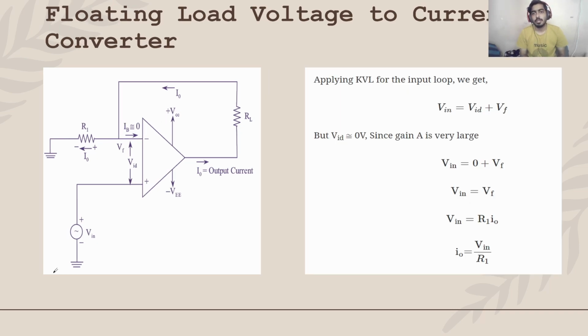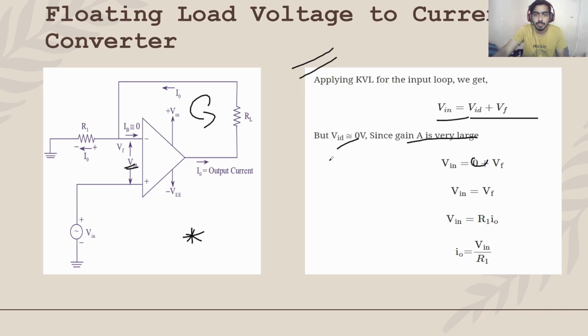Now I'll be talking about the relationship between the current and the voltage applied to the circuit. Here on the left we have the circuit, with regard to which I'll be explaining this formula. Applying Kirchhoff's voltage law in the anti-clockwise direction, we have Vin equals Vid plus Vf. Since Vid tends to zero, because the gain A is very large, we have Vin equals 0 plus Vf.